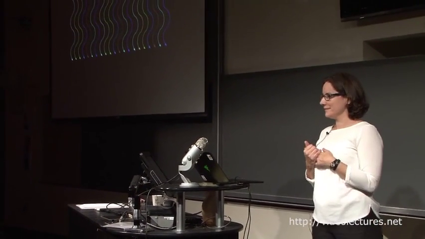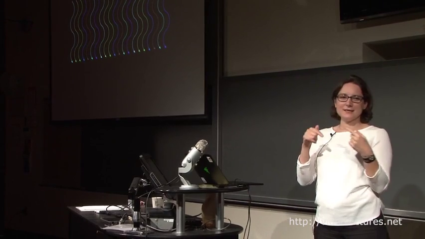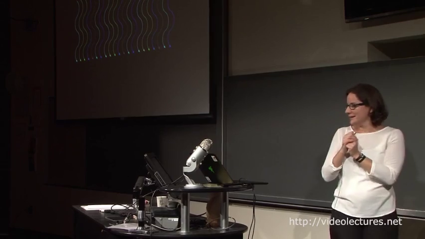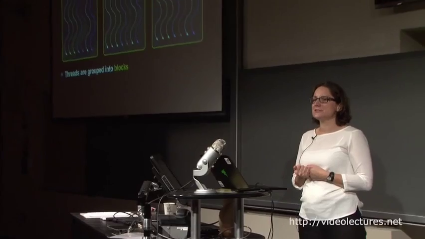So how many threads can there be? We're going to see that in the hands-on lab. It's going to depend on the GPU you have, given some number of cores. Here, each arrow is a thread. Threads can be divided into blocks, so a block is going to be a bunch of threads.